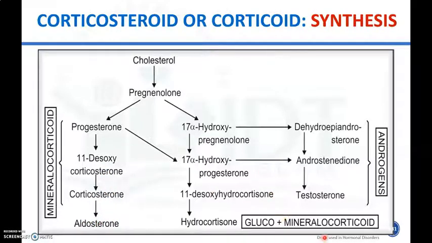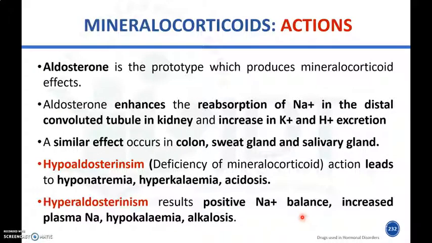For glucocorticoid production, pregnenolone is converted to 17-alpha hydroxypregnenolone, then to 17-alpha hydroxyprogesterone, then to 11-deoxycortisol, and finally to hydrocortisone. So this is the synthesis of mineralocorticoids as well as glucocorticoids.